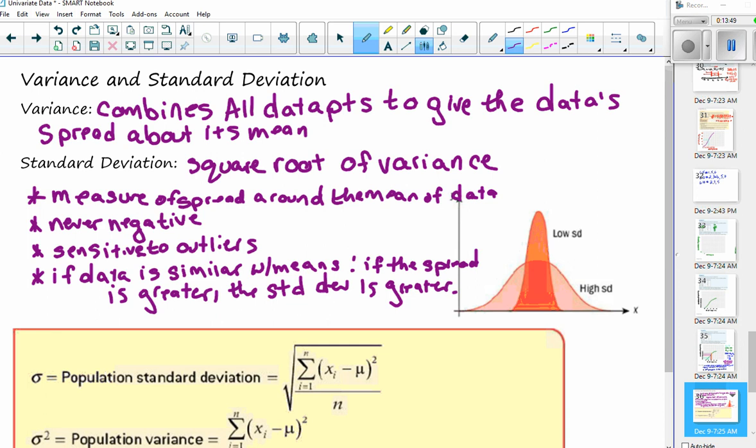So again, if the means are similar, and the spread is greater, the standard deviation will be greater.